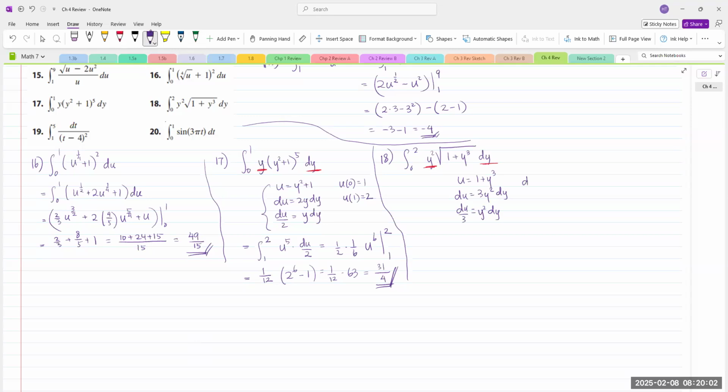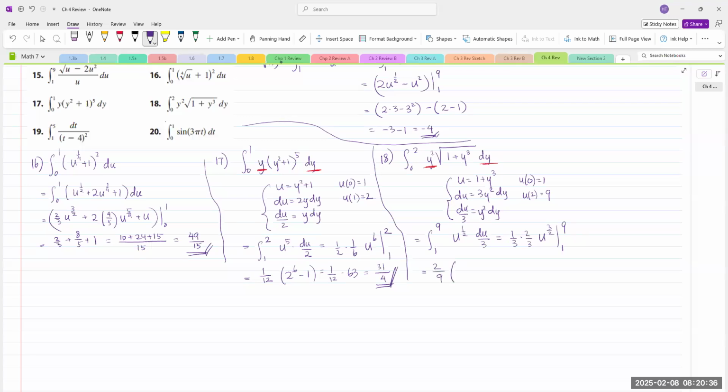As for the limits of integration, at 0 that is 1, and at 2 it will be 9, right? The integral from 1 to 9 of u to the 1/2 du over 3. That's 1/3 times 2/3 u to the power of 3/2 from 1 to 9.